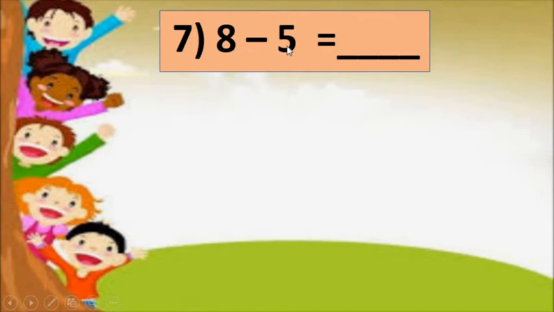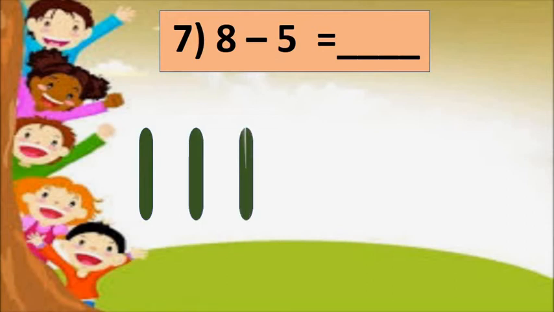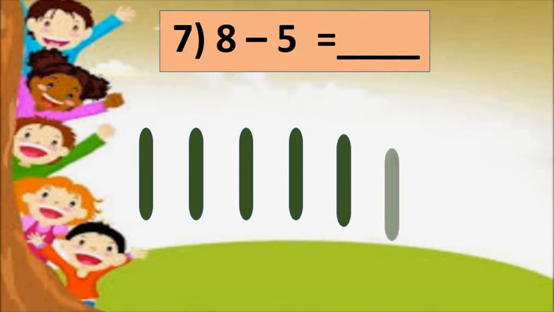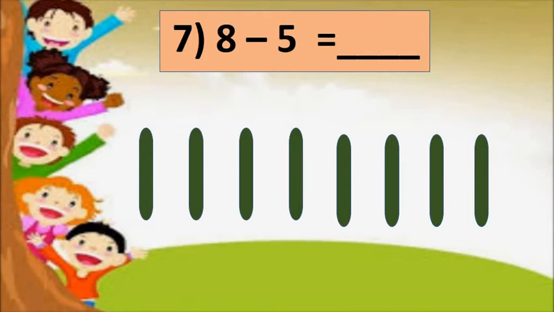8 minus 5 is equal to dash. 1, 2, 3, 4, 5, 6, 7, 8. Minus 5.